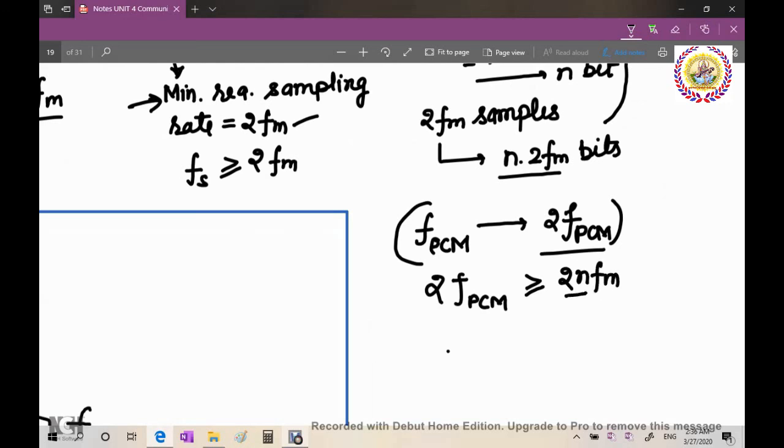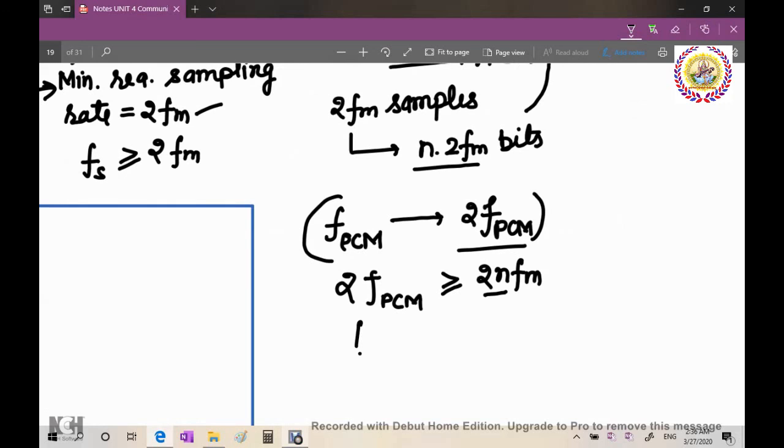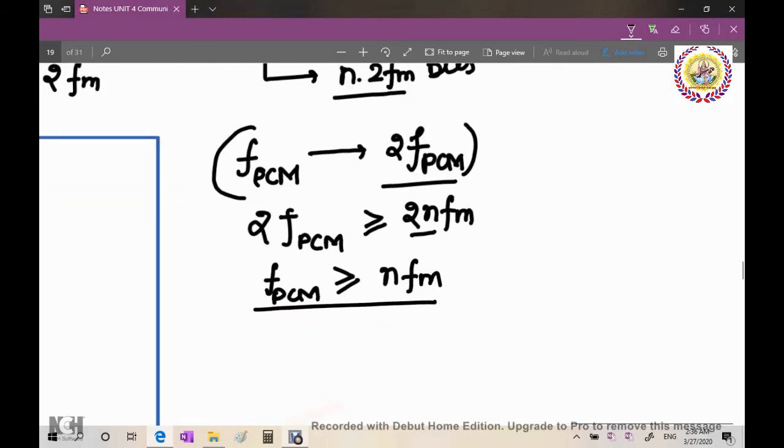Because 2nfm is the minimum bit rate. Then fPCM is greater than or equal to n times fm. So the bandwidth of PCM is nfm Hertz.